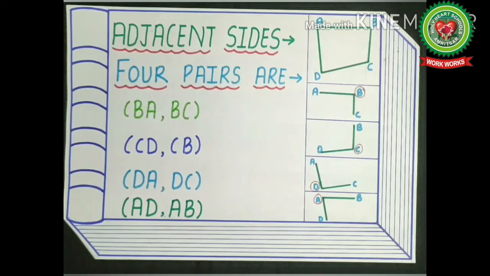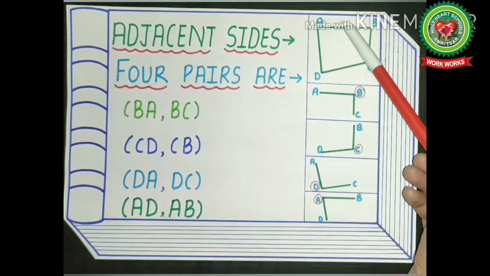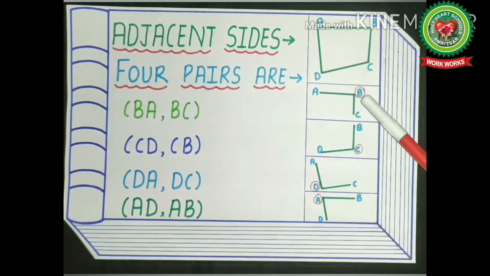Next we will discuss adjacent sides. What are adjacent sides? 2 sides which have a common endpoint are called adjacent sides. Students, we have the given figure ABCD. First pair of 2 sides: AB, BC.